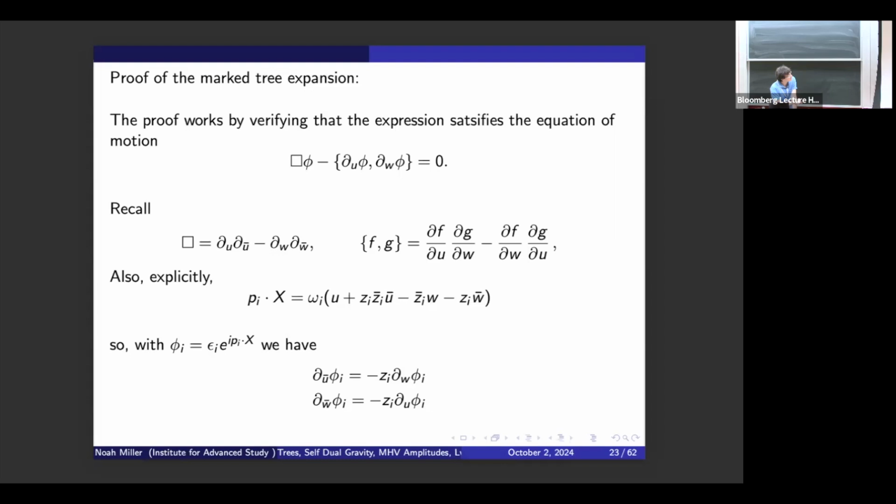If you take a w bar derivative, it's the same thing as a u derivative times minus zi. So there's a two-line bit of algebra: if you take the box of two seed functions, using this formula, it ends up being zij, dij acting on the two seed functions.